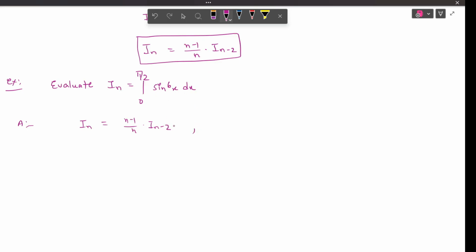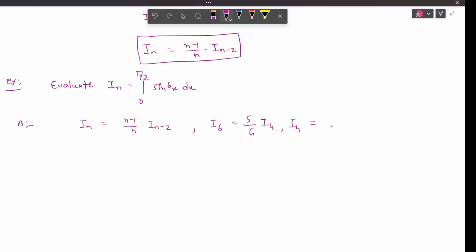So for this, you need I6. So what would be I6? I6 would be 6 minus 1, that is 5 by 6, into I6 minus 2, that is I4. Now you need the value of I4. So what would be I4?